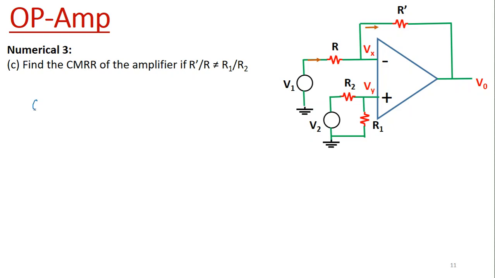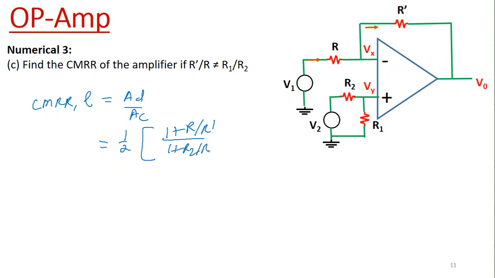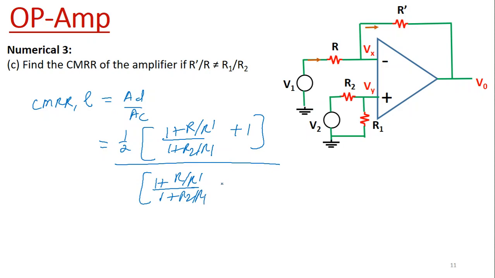So these are the AD and AC values we are getting. Now we know that CMRR is given by rho and rho is equal to AD upon AC. So we put the AD and AC values we found by comparing the two equations. We get half into 1 plus R by R dash divided by 1 plus R2 by R1 plus 1, whole divided by 1 plus R by R dash divided by 1 plus R2 by R1 minus 1.